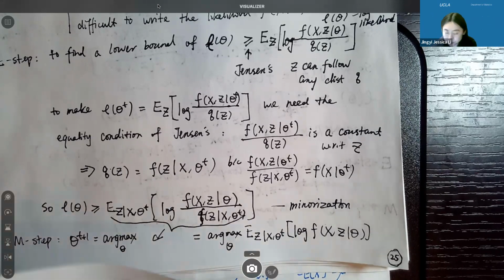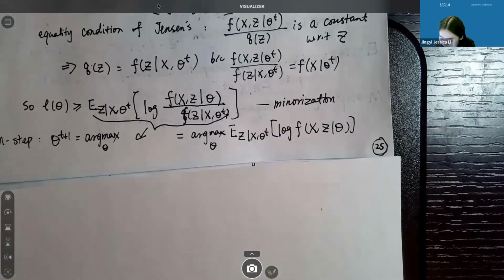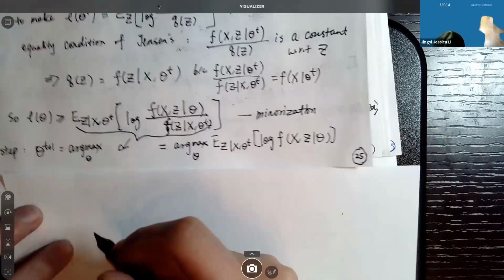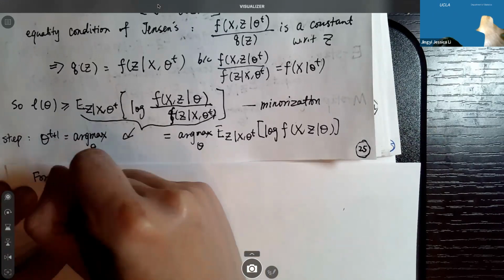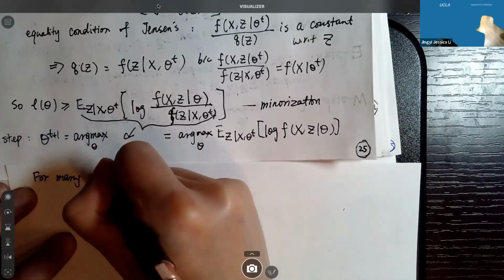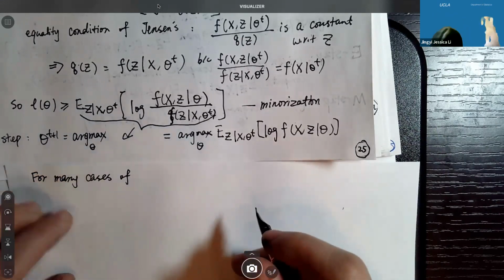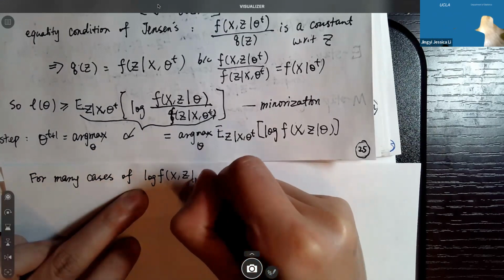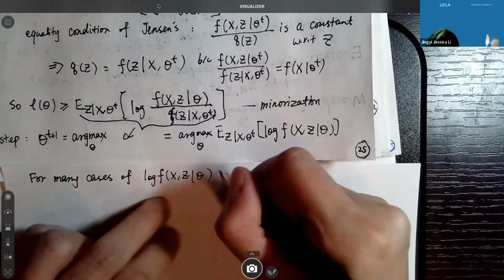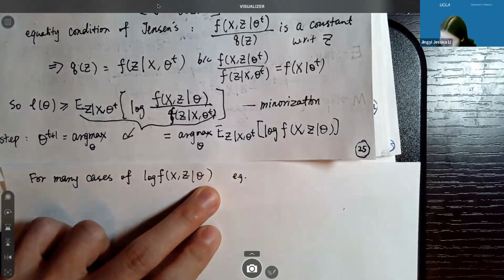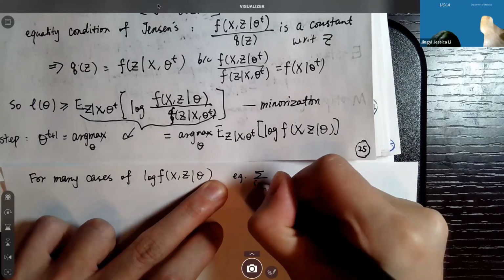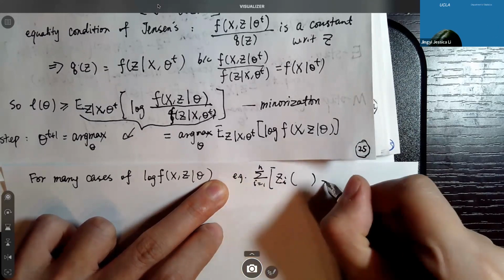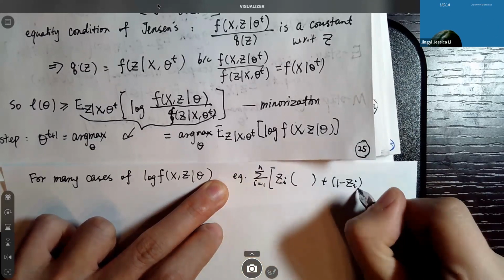So I was saying that for many special forms of the complete log likelihood, like in our Gaussian mixture model, for example, like the cases we have seen, it's the summation i from 1 to n of zi times something plus 1 minus zi times something, right?